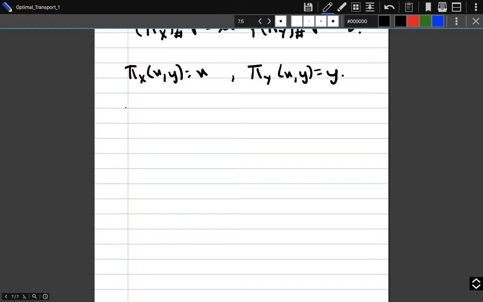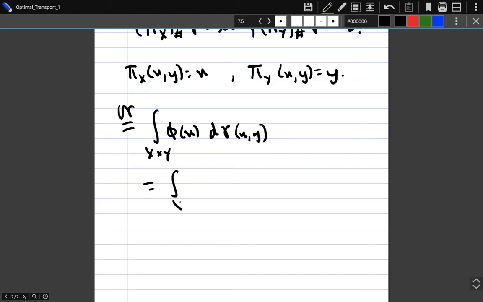Well, if you take a bounded function phi of x, and you integrate on the product space with respect to the measure gamma of x, y, this should be the same as integrating phi of x with respect to mu of x.